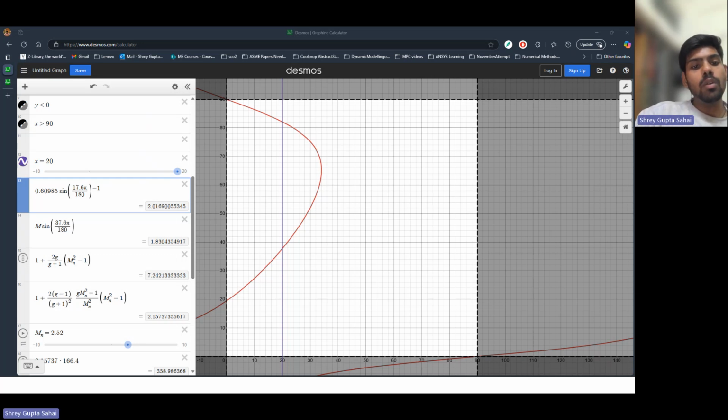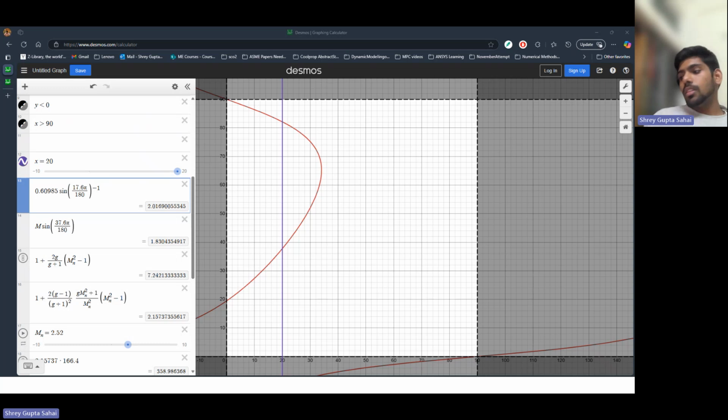Now, we were supposed to calculate P2, but the way to do it is first you find out the Mach numbers. Once you have found the Mach numbers, we can use the normal shock relations to find the static pressure.